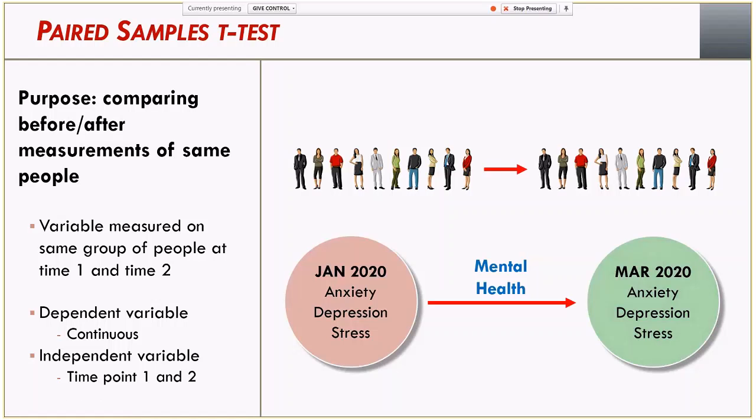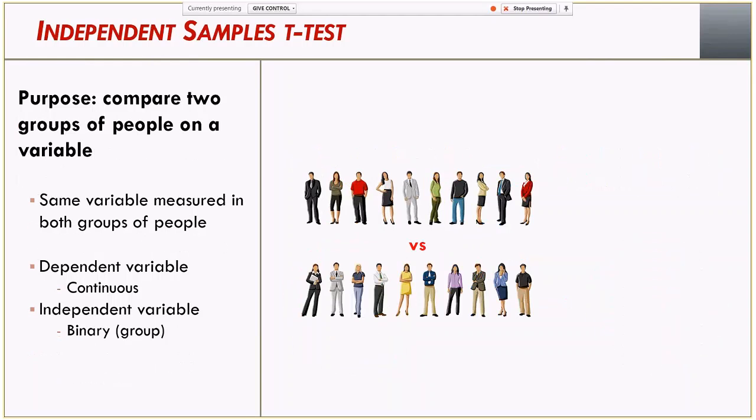The independent samples t-test is slightly different. You have two conditions. In many cases, you have a control and an experimental condition, and each condition has different levels of your independent or your predictor variable.